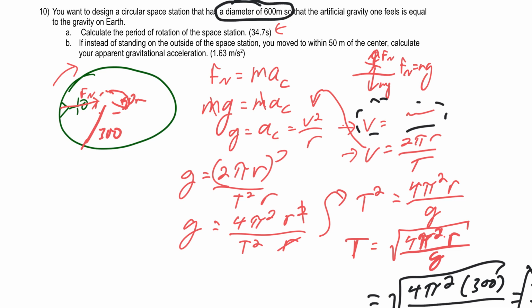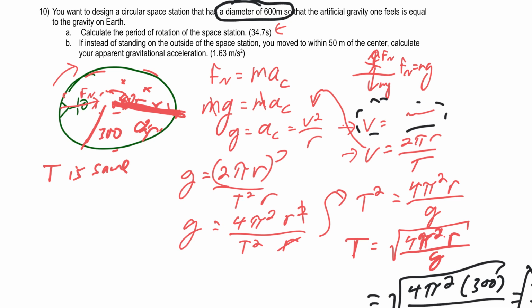The key idea is that wherever you are, the time for one revolution, the period, is the same. Imagine you're on Earth: it takes 24 hours for us to rotate once, no matter if you live in Canada, America, India, or Ecuador.